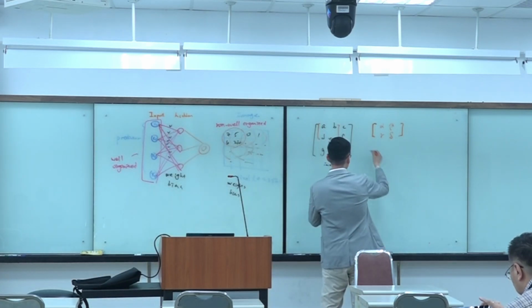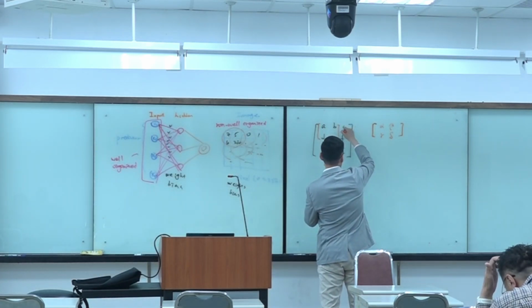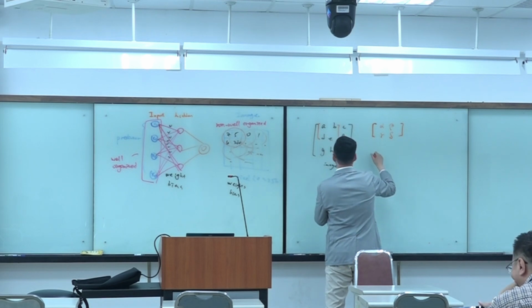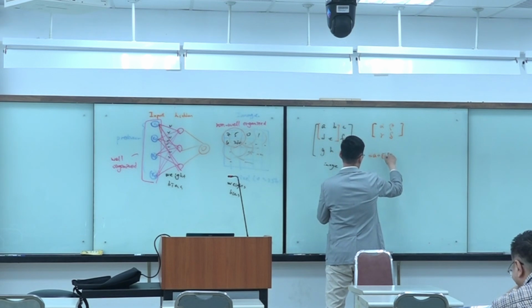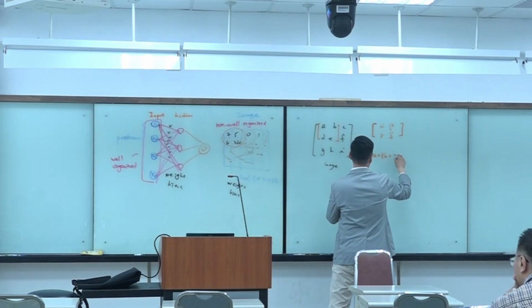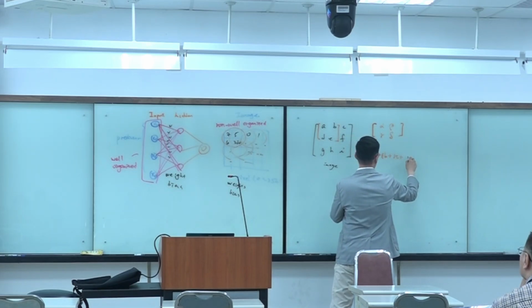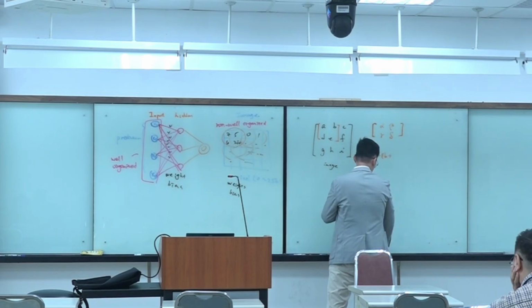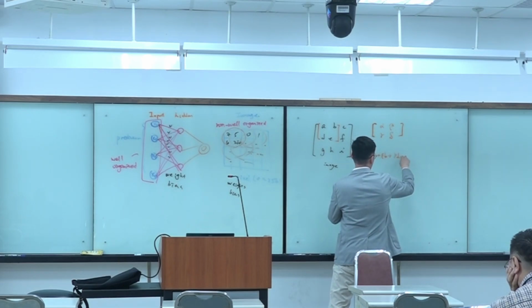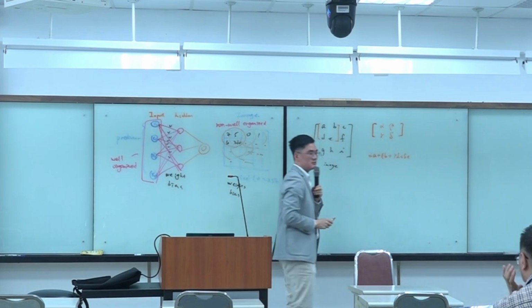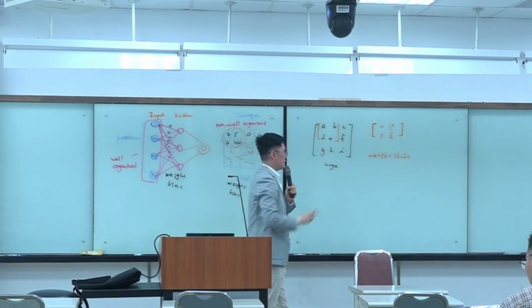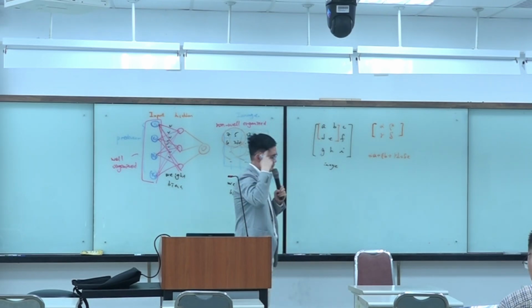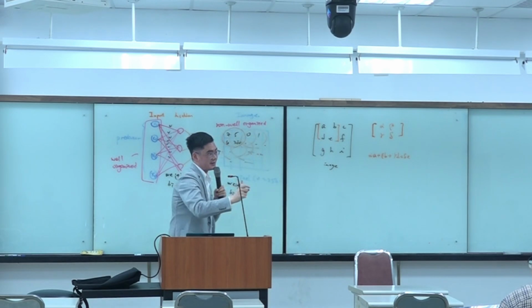So once you use this, it will become alpha A plus beta B plus gamma D plus delta E. Right? So you can imagine that's the first neuron you combine.